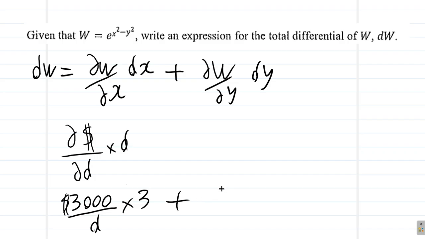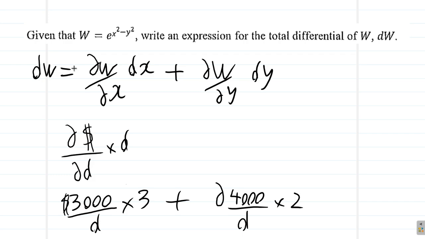And then you have another contract. You are paid $4,000 per day for another 2 days. So you add up the total amount of money. Those are the only 2 contracts you get for the week.